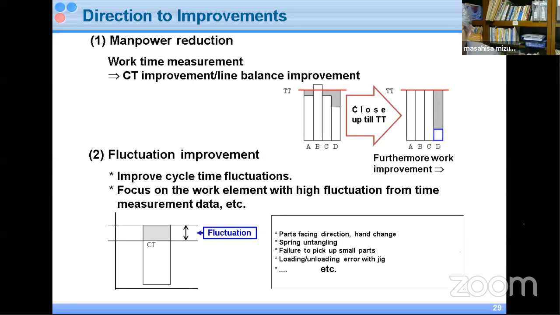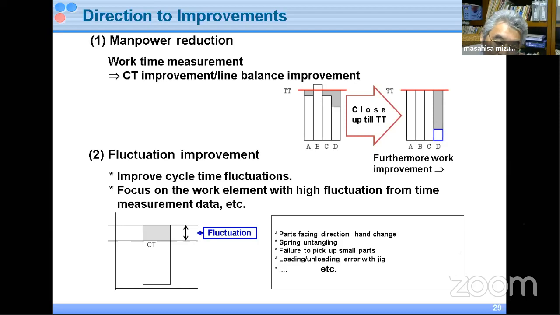You can see the work center. Worker D has very few work elements. So if you are successful, maybe you can eliminate one worker from this process. Okay.